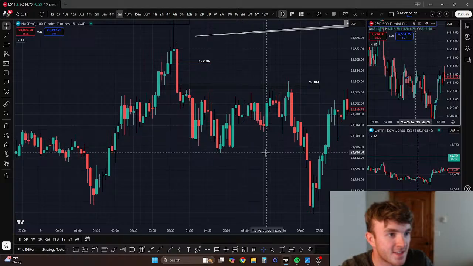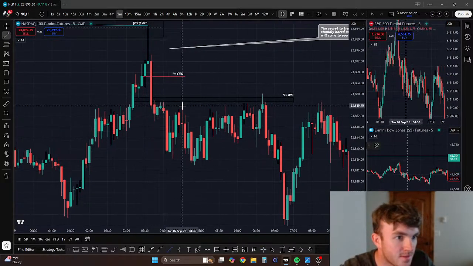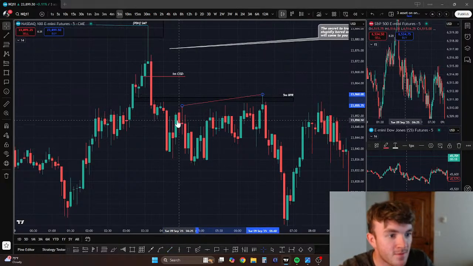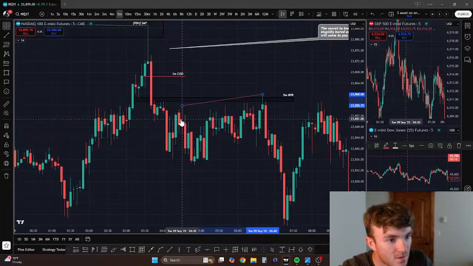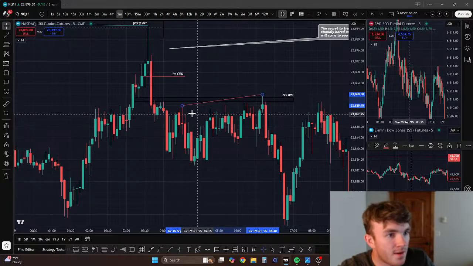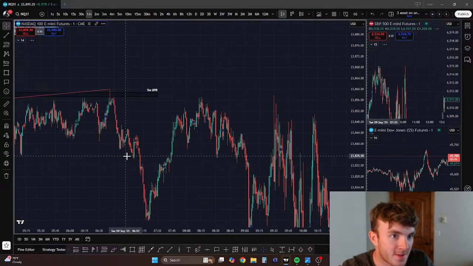Once again, easier said than done, but what is this, guys? This is S&T with ES. It might even be 90-minute S&T. We have to go lower time frame and see if there was 90-minute S&T.